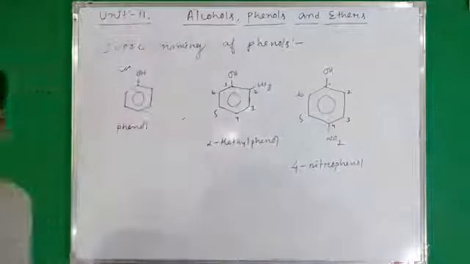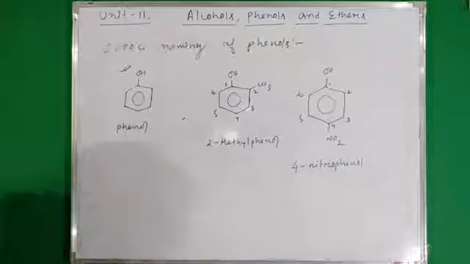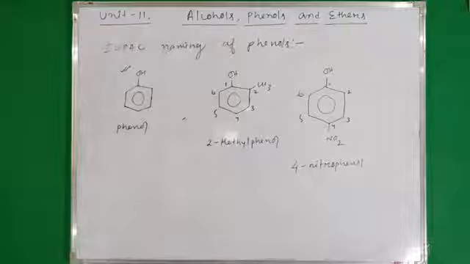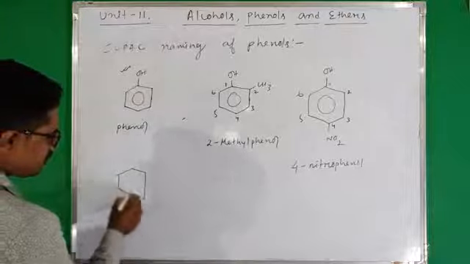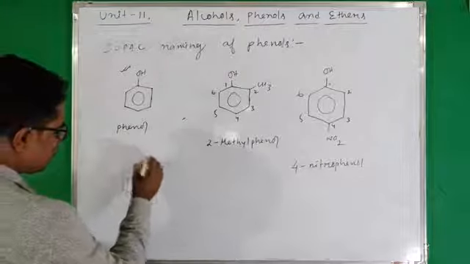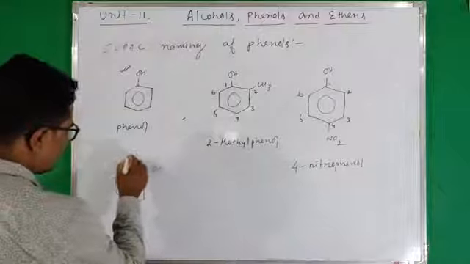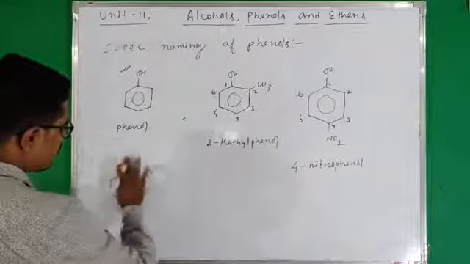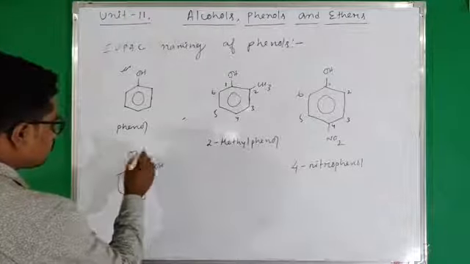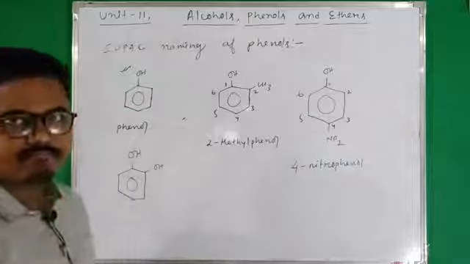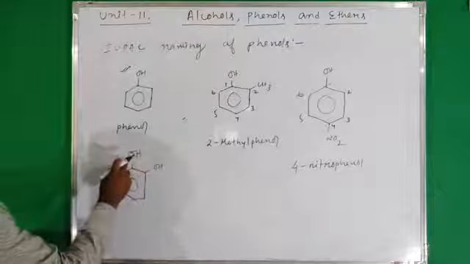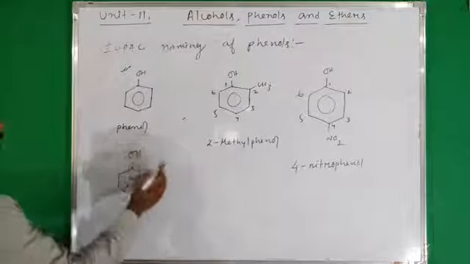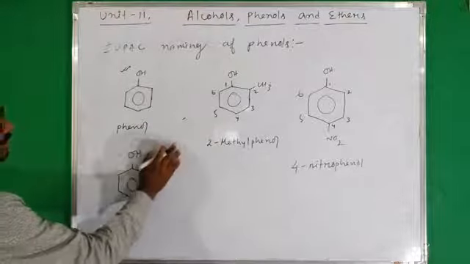Okay. And then let us consider another compound. This one. Now in this case, 2 OH groups are present in the benzene ring. Suppose if we consider this functional group, then we will neglect this one.